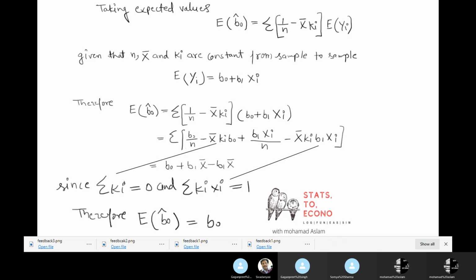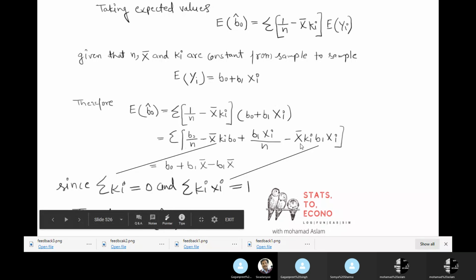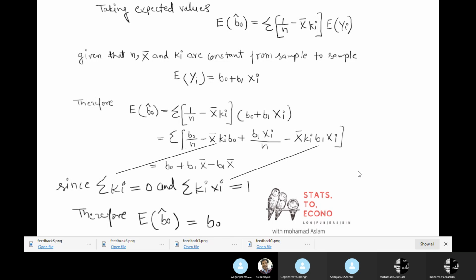So we will remain with this particular term, and we can write summation xi upon n as the mean. And here summation ki xi is 1, so the remaining part is beta 1 x mean, which will cancel out. So we will remain with beta 0 only.